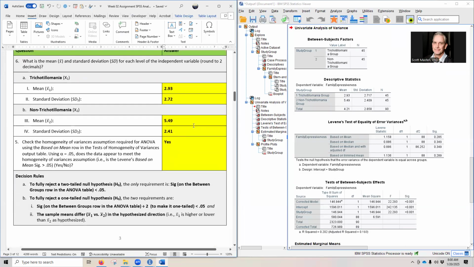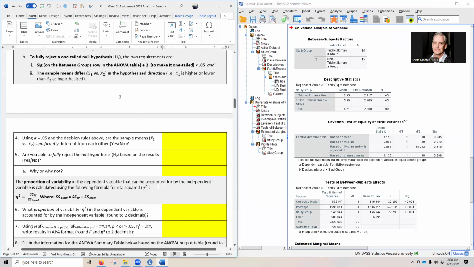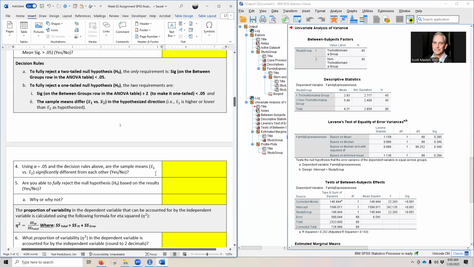So I guess I could have looked here too. So the question is, using alpha 0.05 and the decision rules above, are the sample means significantly different from each other? Yes, they are. Are you able to fully reject the null hypothesis? So that's asking, are both of these things met? The answer is yes, we can. Why?